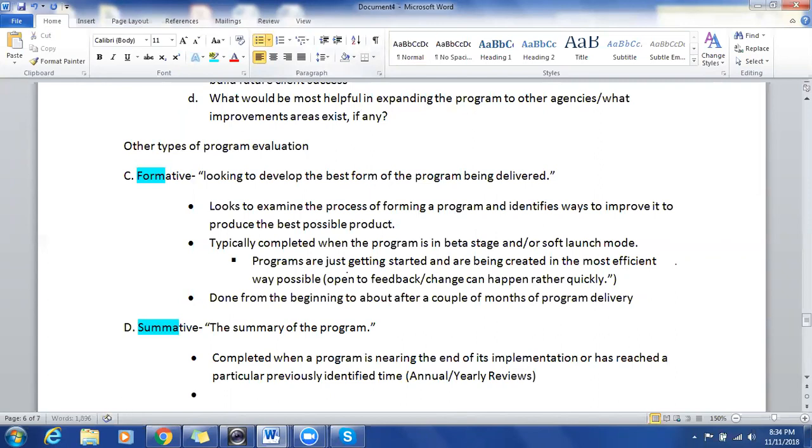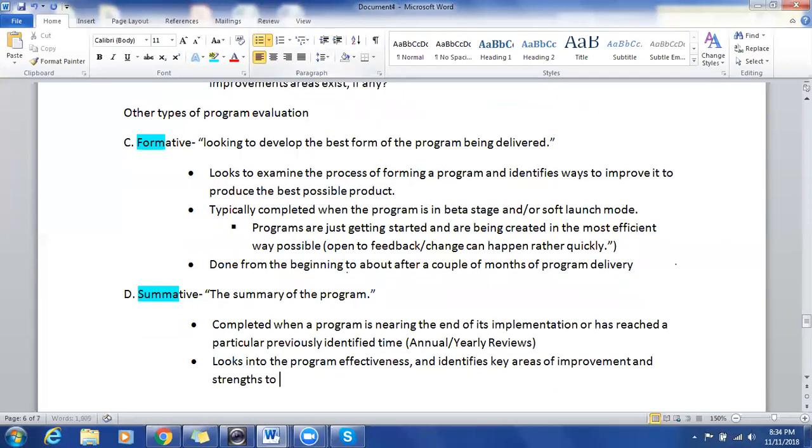And then when we're looking at this, it looks into the program effectiveness and identifies key areas of improvement and strengths to help build on the future.